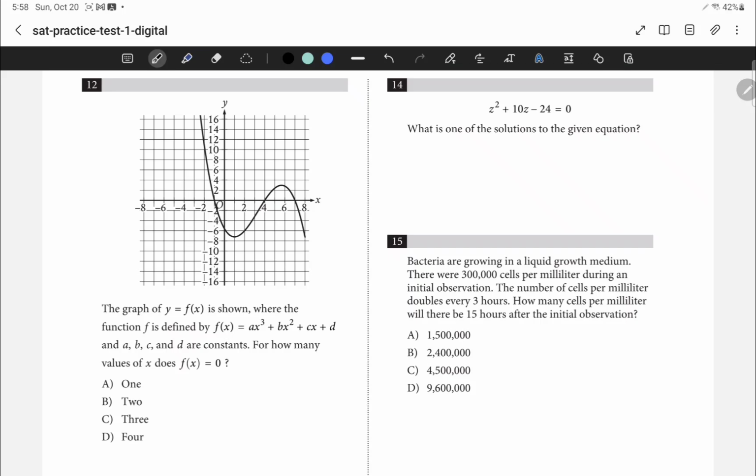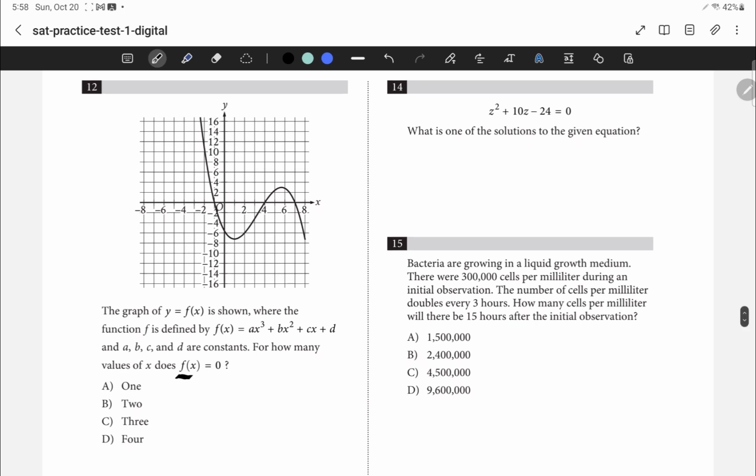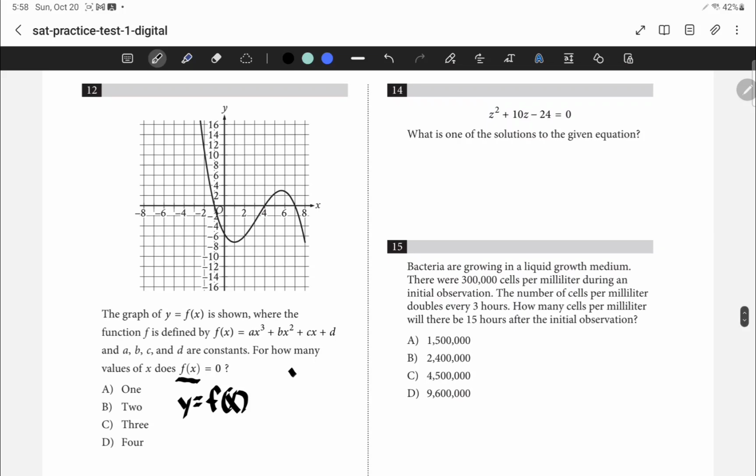For how many values of x does f of x equal 0? You might be like, what the heck is going on? I don't understand any of this. What I want you to remember is that f of x also stands for the letter y. So what they're actually asking is, when is your y equal to 0?